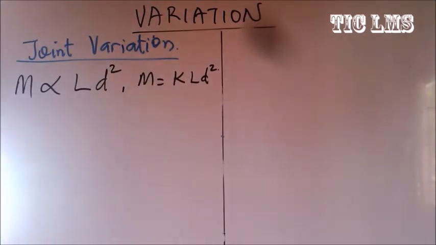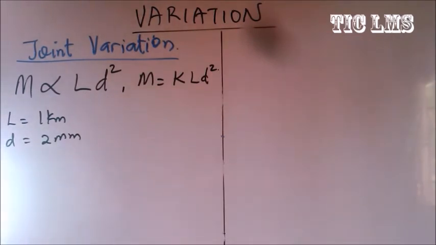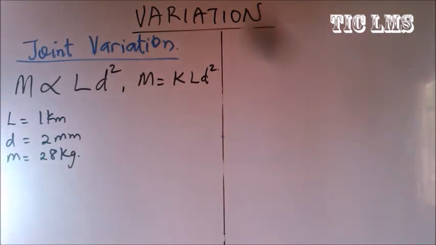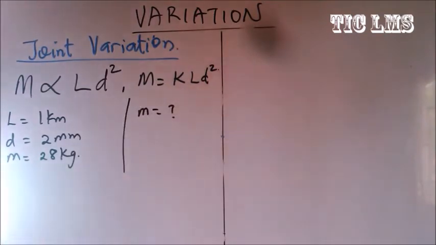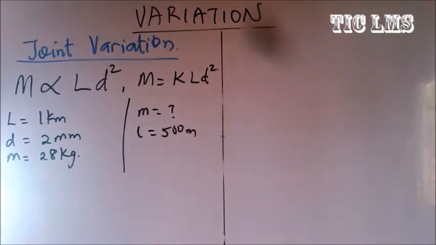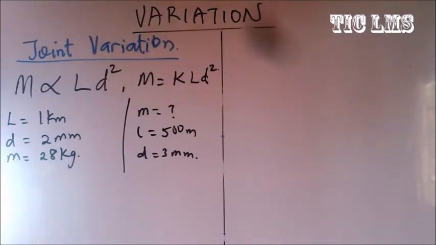So we're told that if we have a length of 1 kilometer of the wire of diameter 2 millimeter has a mass of 28 kilogram, we're asked to find the mass. All right, so we are asked to find the mass of 500 meter, so length is 500 meter of wire of diameter 3 millimeter.